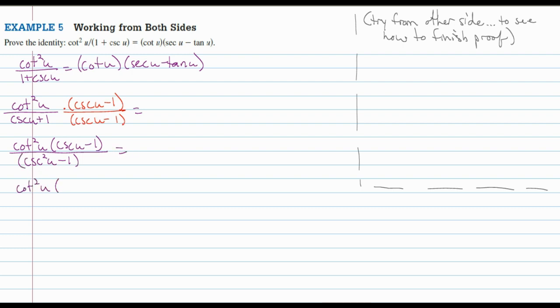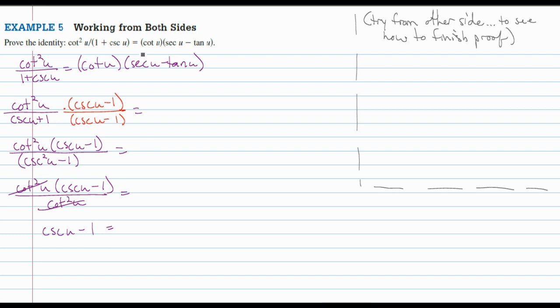So if I rewrite that, cosecant of u minus 1, I can easily see and show my grader that cotangent squareds cancel, and now all of a sudden I'm with a very simple expression that doesn't have any obvious next step. I don't really know what to do.